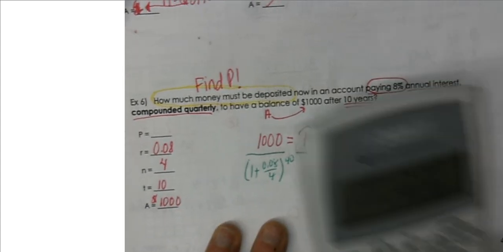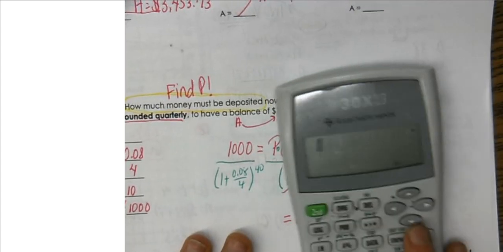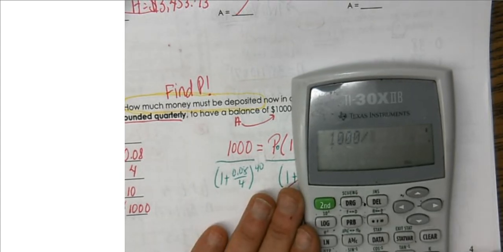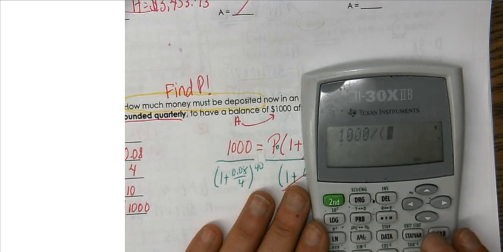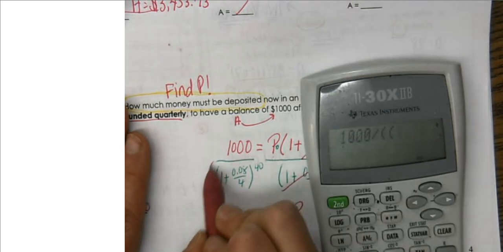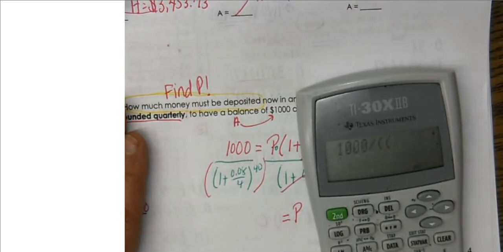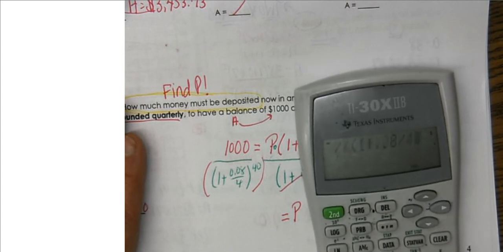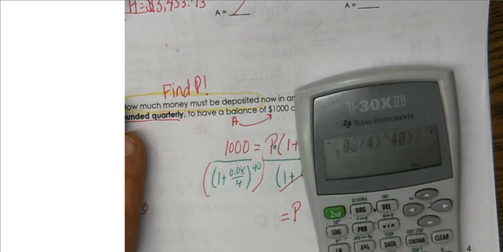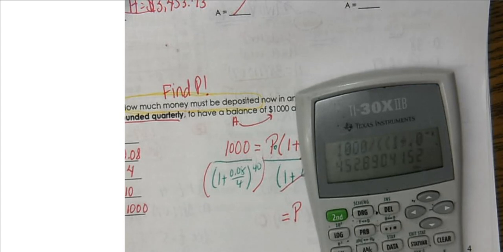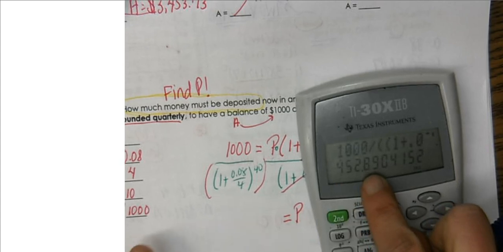And this was all calculator work, so you want to be really careful with how you put this into your calculator. This is 1,000 divided by parentheses, and then I'm going to do parentheses again to establish that this is my entire denominator that's going to include that 40 at the bottom. 1 plus 0.08 divided by 4, close the parentheses, raise it to the 40th power, close it one more time to establish that I have finished putting in my denominator, enter, and that number should be a lot smaller than the investment.